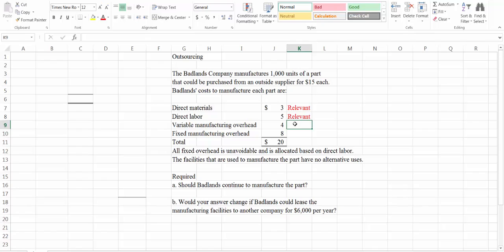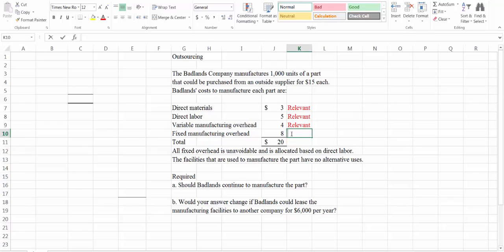Remember, you think if this manufacturing went away, would we still have the cost? And anytime you have a variable cost, in this case, it's not going to be there anymore, because remember, variable cost would be zero at zero level of activity. All right, so our relevant costs include variable manufacturing overhead. And then finally, they tell us that fixed overhead is unavoidable.